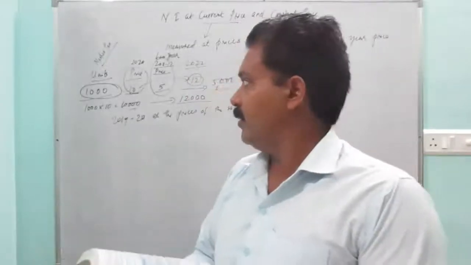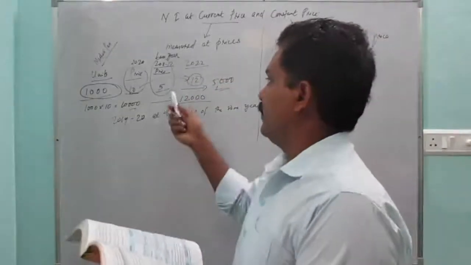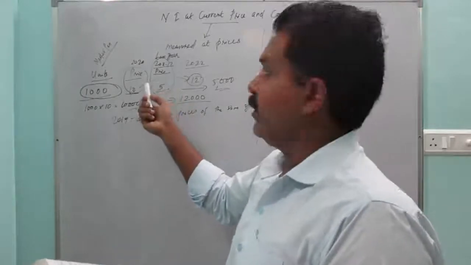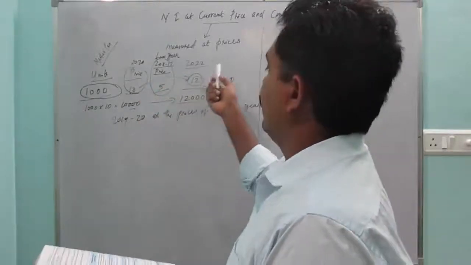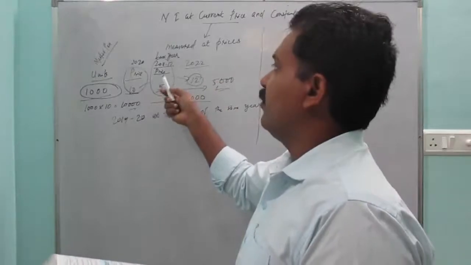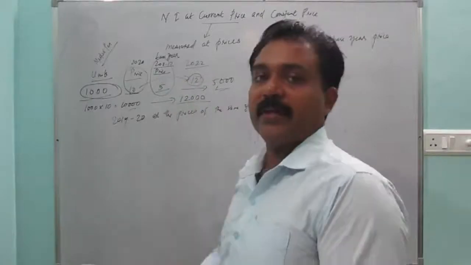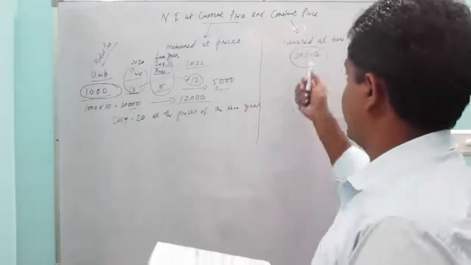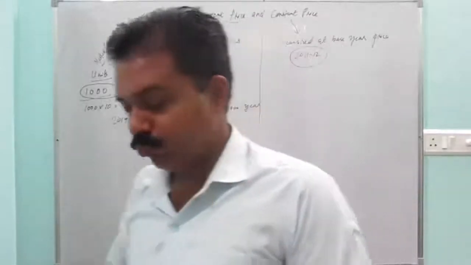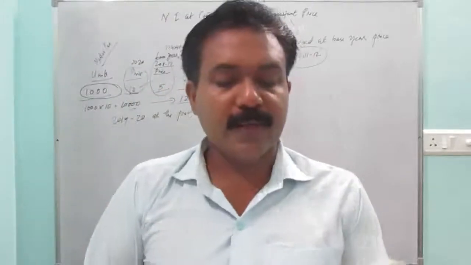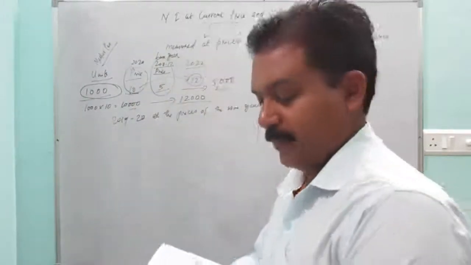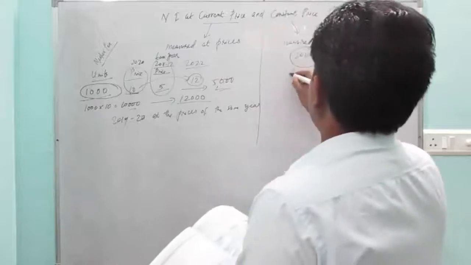I have said, if you are measuring 2020's national income, 2021's national income at the rate of the base year price 2011 and 12, then we can say that it is national income at a constant price. It is also known as real national income.